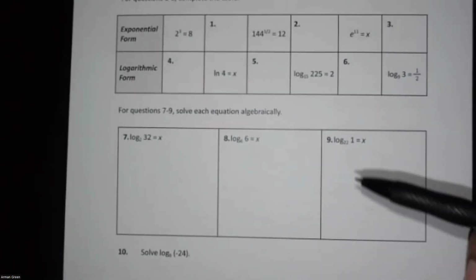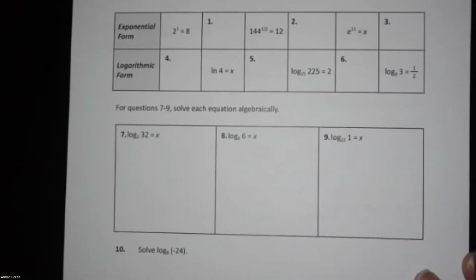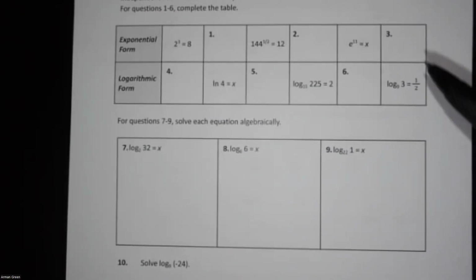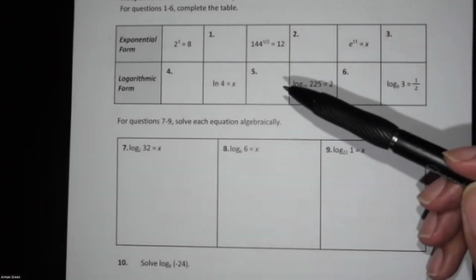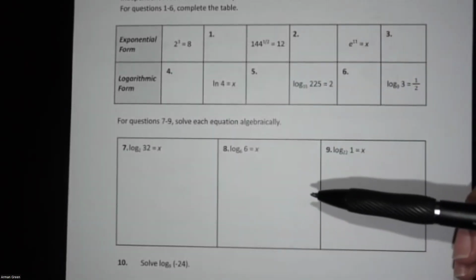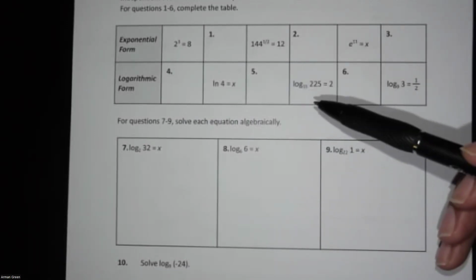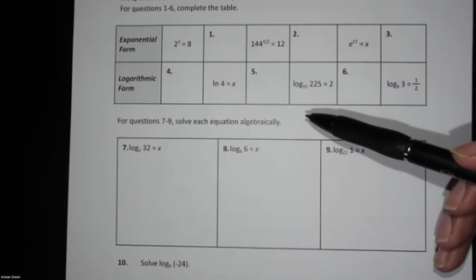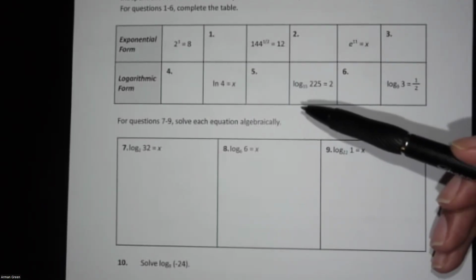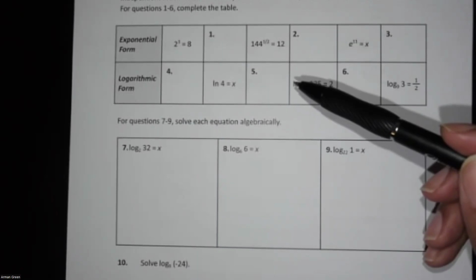So you will see for the rest of page 20 here, you have practice problems that cover every part of this lesson that we've talked about today. You have questions 1 through 6 here that look at practicing going back and forth between exponential form and logarithmic form.